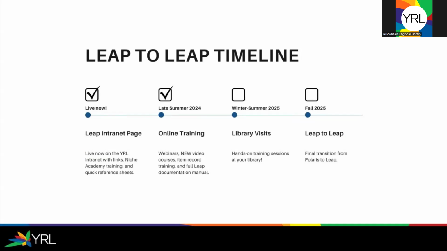That includes hands-on training sessions and webinars throughout the winter all the way until summer of 2025. Information about these phases and any existing resources we've created are available on the YRL intranet, and we will show you that at the end of our PowerPoint here.